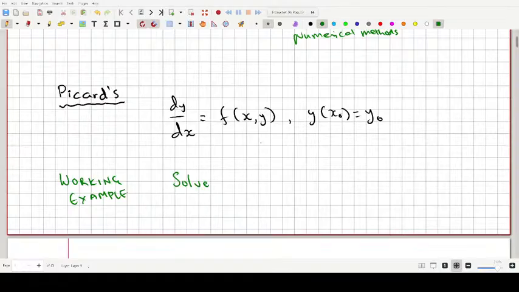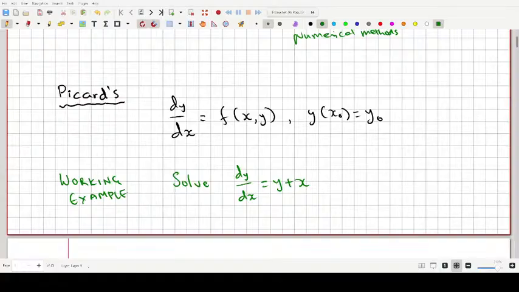Solve, let's say, a very easy equation: dy by dx equals y plus x. We can solve this problem analytically as well by taking the y on the left hand side and finding the integrating factor, right? That is one method. The second method would be to find the symbolic form of this equation and solve it.